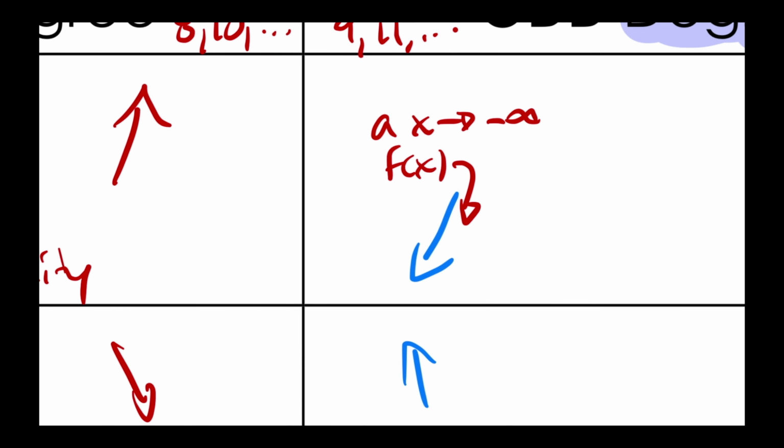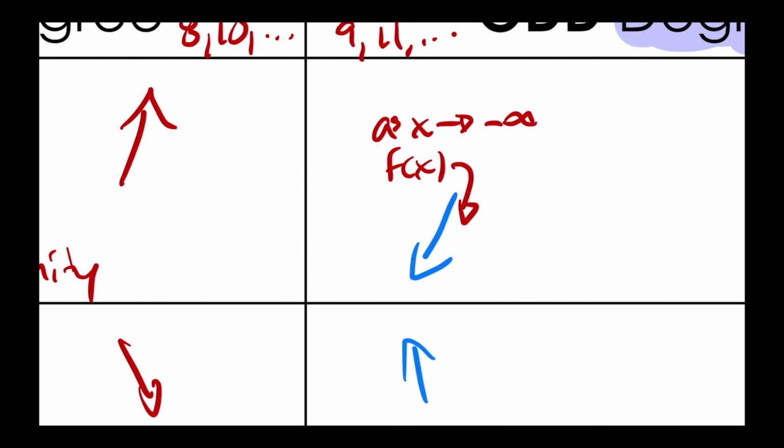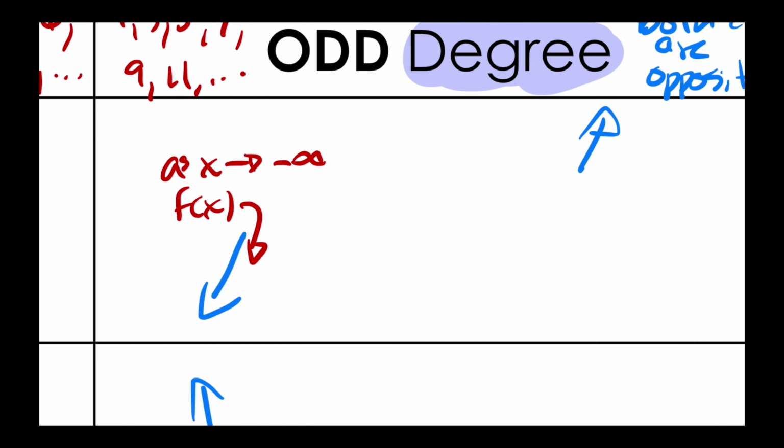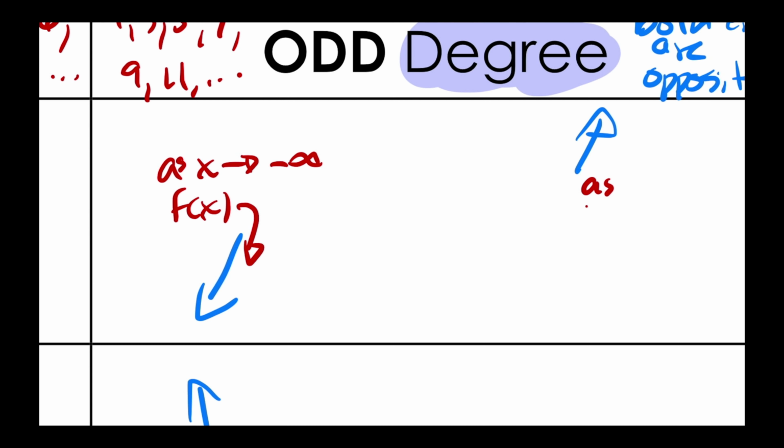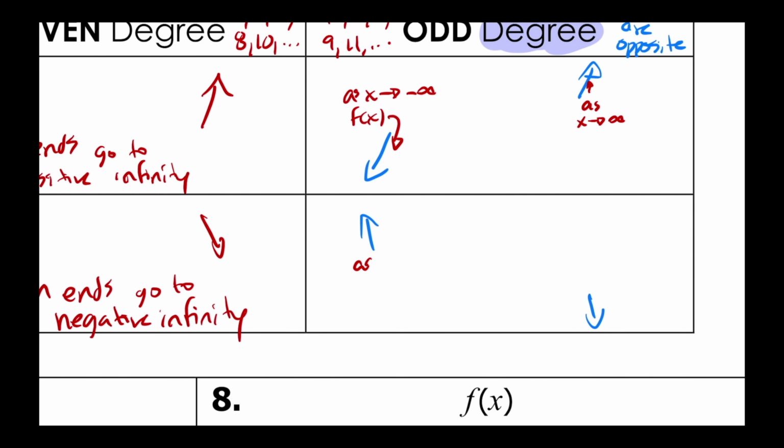As x approaches negative infinity, f of x is going down on this side, and as x approaches positive infinity, f of x is going up. And then as x approaches negative infinity over here, f of x is going up, and as x approaches positive infinity, f of x is going down on this side.